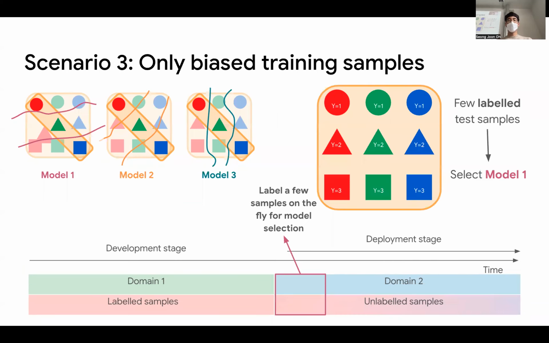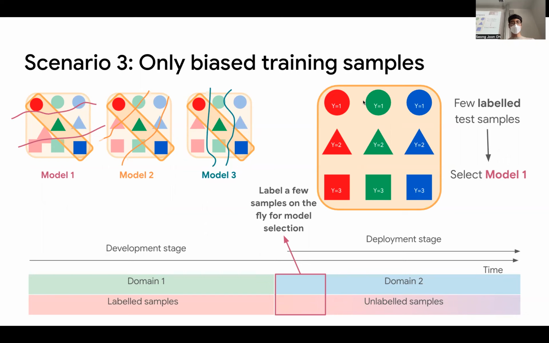So now, where does this scenario 3 fall? I would say it falls onto this test time training stage, because now you have these three models ready, and you need to make a choice for your model at test time. Okay, and how are you going to make a choice?